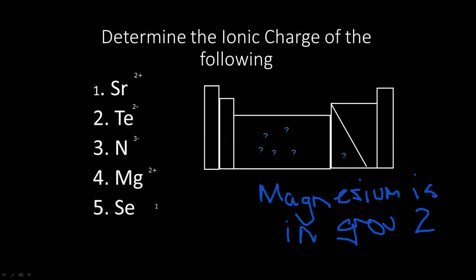Now the hardest part of this exercise is finding where selenium is. Can somebody just put kind of an X next to where selenium kind of is on my terrible periodic table?